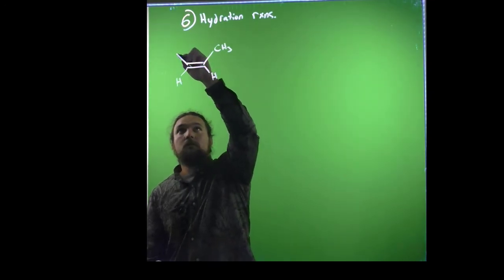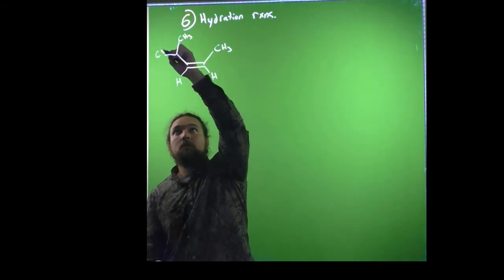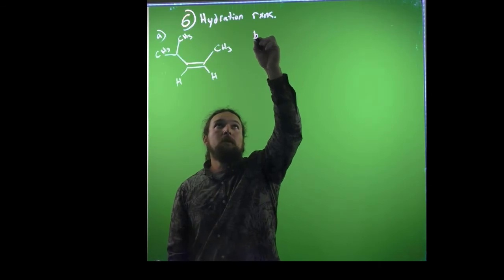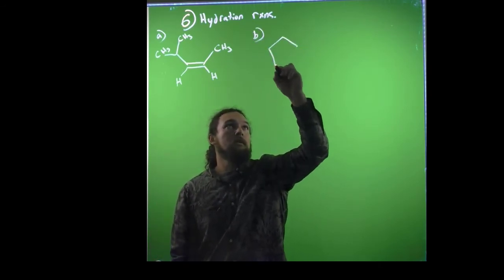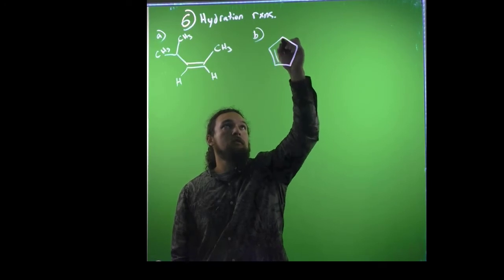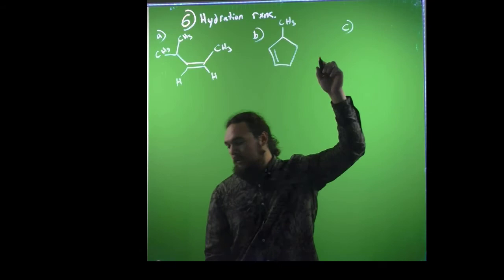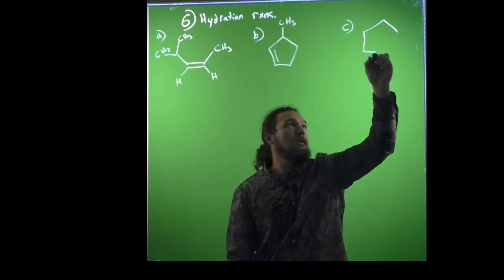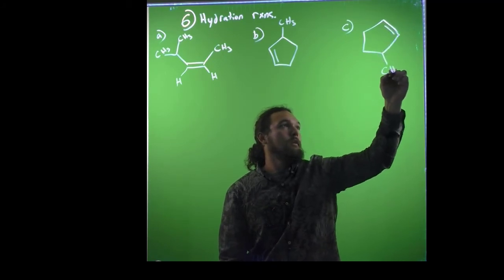We have this one. For part B, we have a ring, the CH3 right here. For part C, we have another ring with methyls coming off.